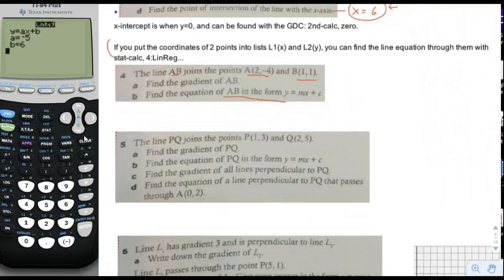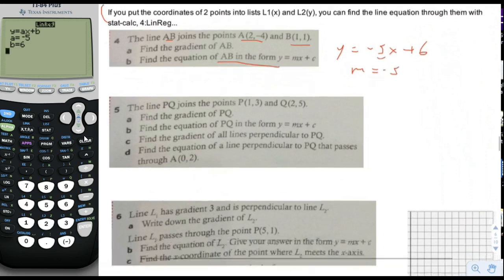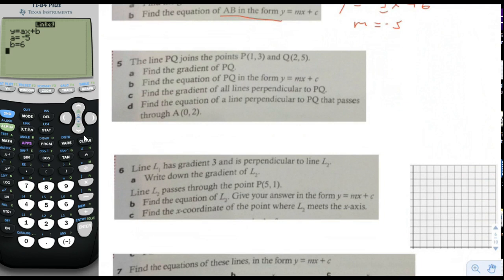So we have negative 5x plus 6. Y equals negative 5x plus 6, and we know that the gradient, of course, is negative 5, which is right there. Okay? Next one. PQ joins the points 1, 3 and 2, 5.